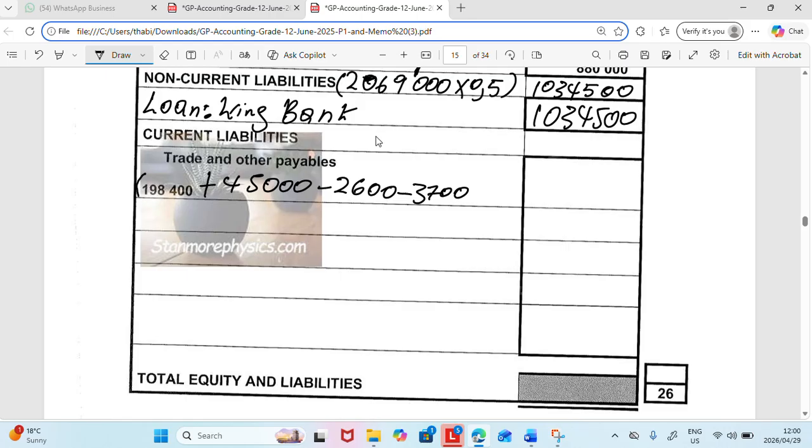So that amount will definitely increase our trade and other payables. So you can now press your calculator and have the total amount. On my side, I have 261,850.